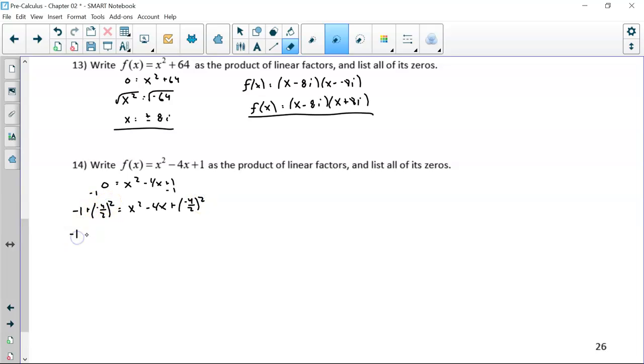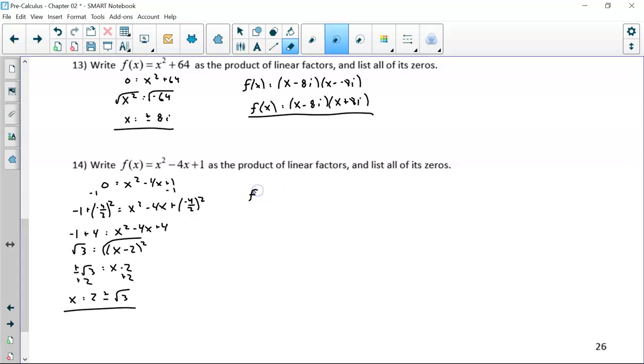So I get negative 1 plus 4 equals x squared minus 4x plus 4. 3 equals, and when I factor, I get the quantity x minus 2 squared. Take the square root of both sides, so you get plus or minus the square root of 3 equals x minus 2. Add 2 to both sides, so x equals 2 plus or minus the square root of 3. There's my zeros.